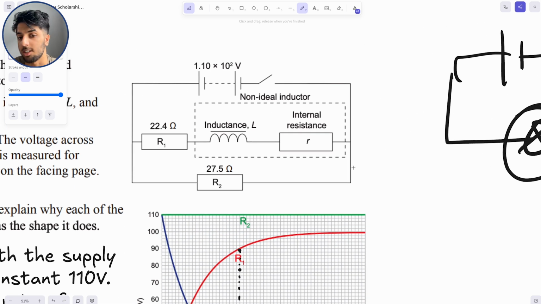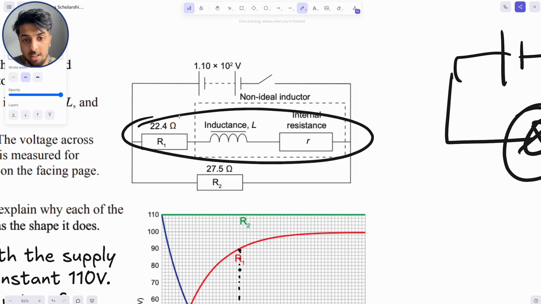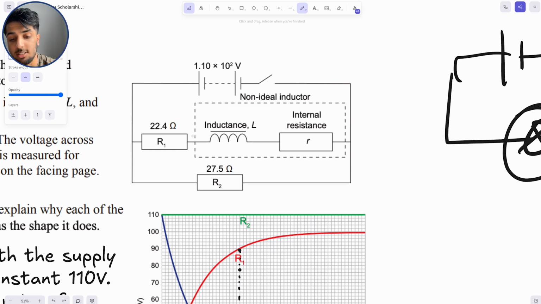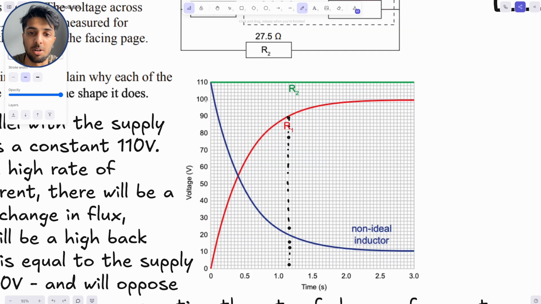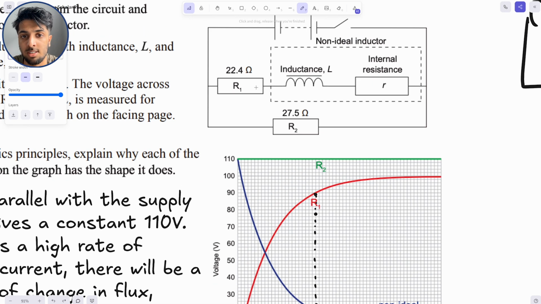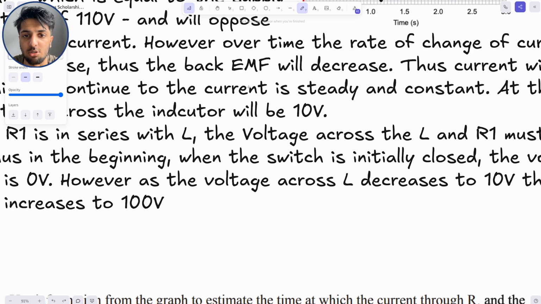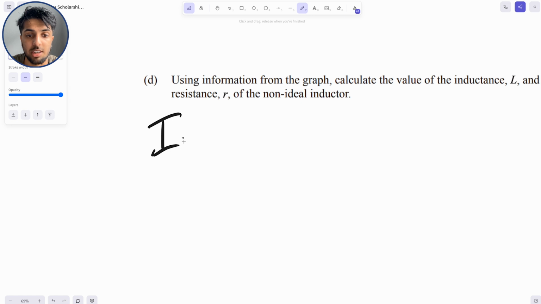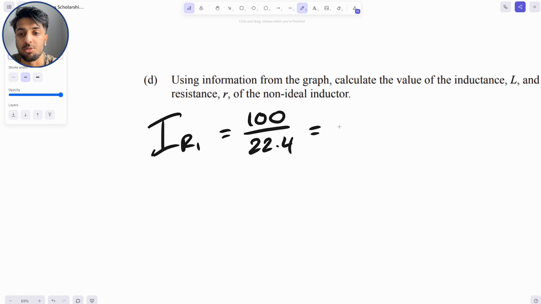So in this branch we have a resistor R1 and an inductor in series, and so the current through R1 and the inductor must be equal. R1 reaches a voltage of 100 volts and it has a resistance of 22.4. So we can calculate the current across R1. That's 100 divided by 22.4, which is equal to 4.46 amps.